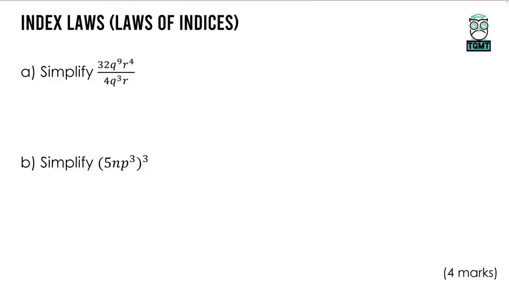Moving on to some algebra, we're looking at index laws. With index laws, and we've already mentioned some of them when looking at standard form, when we are multiplying, we can add the powers, and when we are dividing, we can subtract the powers. Now in this first question, we are dividing, so we're going to be subtracting powers, however you need to be a little bit careful. Now we have some whole numbers at the start of each expression.